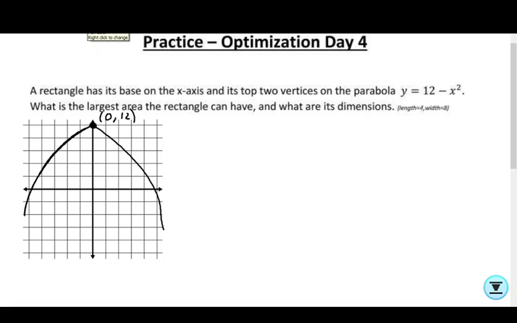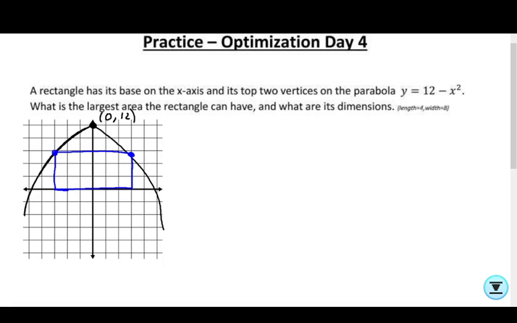Now the rectangle is going to be inside with its base here on the x-axis, and the two top vertices touching the parabola like this. What is the largest area the rectangle can have and what are its dimensions?